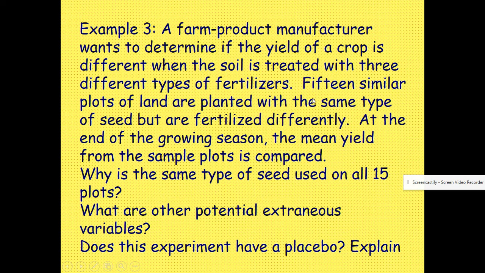And then the farm product manufacturer, this goes back to the same one we just talked about. Why is the same type of seed used on all 15 plots? Part of the control. The extraneous variables, I'll call lurking variables a lot.